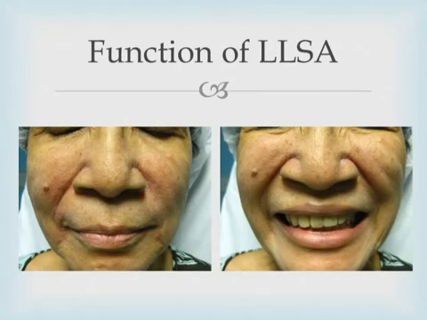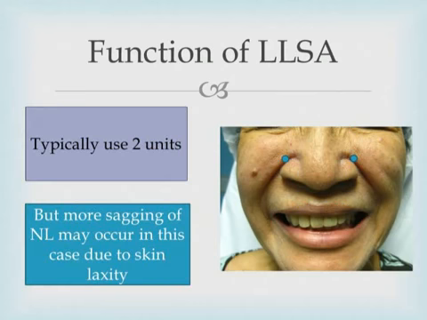Như trường hợp của bệnh nhân này khi cười thì cái nét mũi má nó kéo lên. Because it has the muscle band. Bởi vì nó có cái sợi cơ. Typically, we can use 2 units to reduce the appearance of the deep part of the nasolabial fold. Do đó chúng ta có thể dùng 2 đơn vị để làm giảm cái hiện tượng co cơ này.